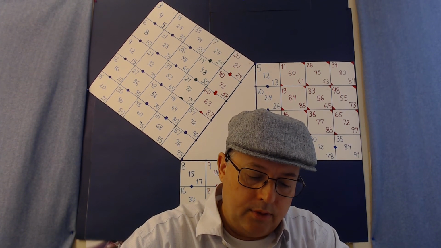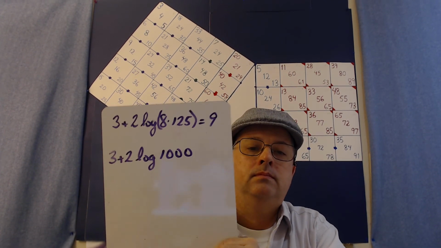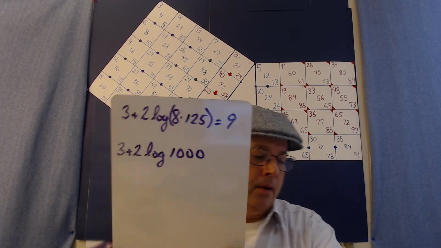Okay, and so then 8 times 125, we know that to be 1,000. So 3 plus 2 log of 1,000. Okay, and then remember that this is base 10.